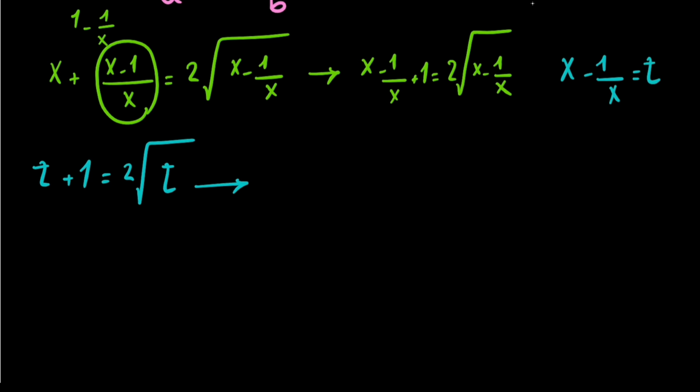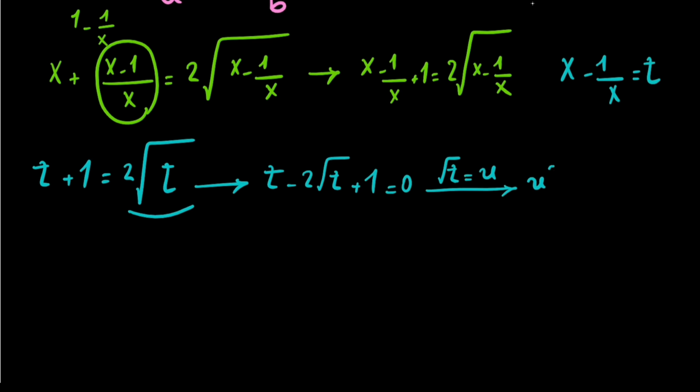For the first step, move this 2 times the square root of t to the left side. So you will have t minus 2 times the square root of t plus 1, that's equal to 0.